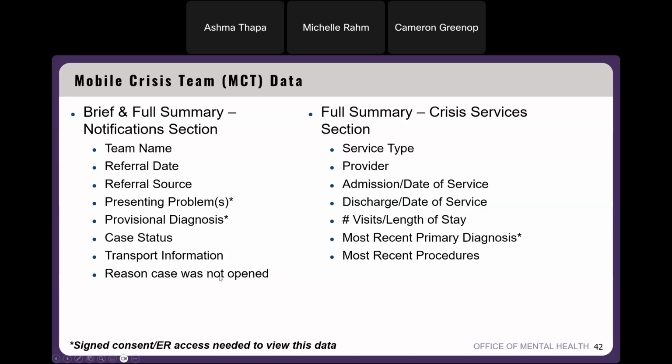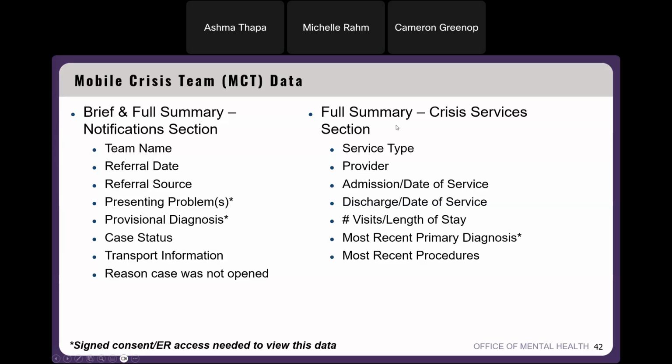So something like reason case was not open might not display for certain individuals if that data wasn't included. Two asterisks are included here because these two data elements are only viewable with signed consent or emergency access. So that's just something to keep in mind. If you have verbal consent, for example, you wouldn't see these two data elements included in the notification section.